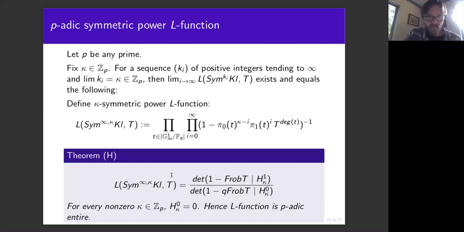I mean, when kappa is an integer, you can go back to the symmetric power, right? You can't. No, it's actually different. When kappa is a positive integer, this is still expected to be infinite dimensional. There won't be the finite symmetric power.